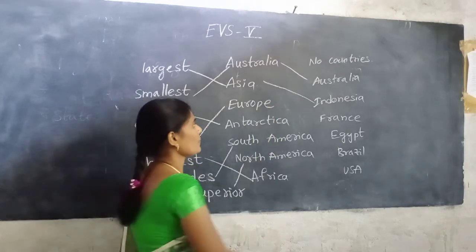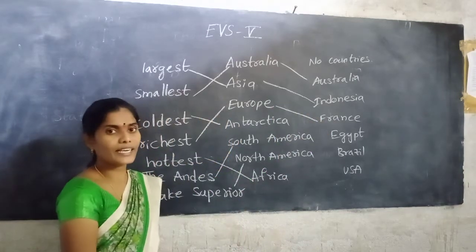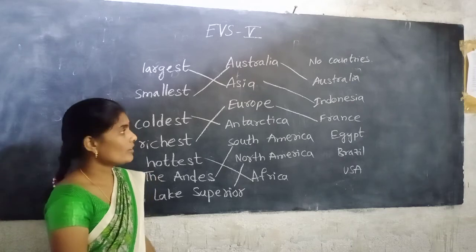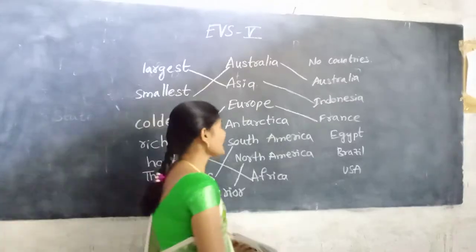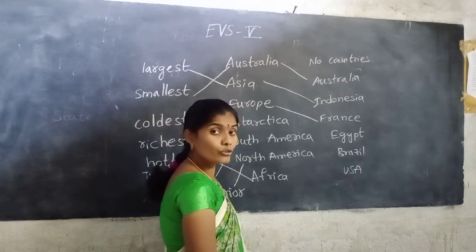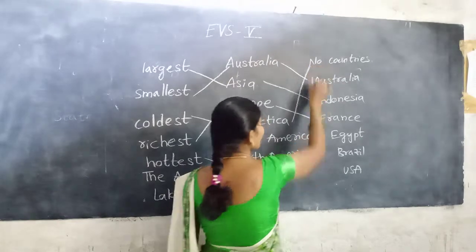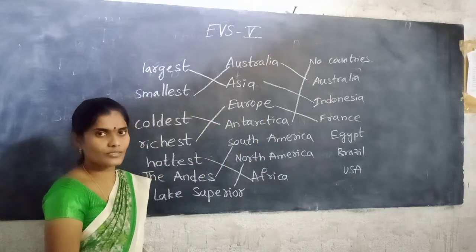Next, Europe: France is one of the countries in Europe. Antarctica, Amma, no countries. It is the frozen continent.